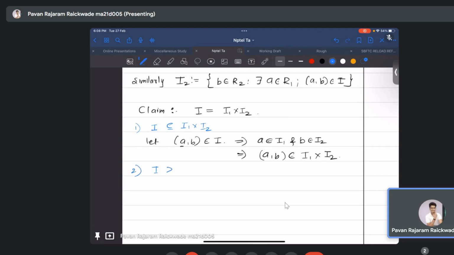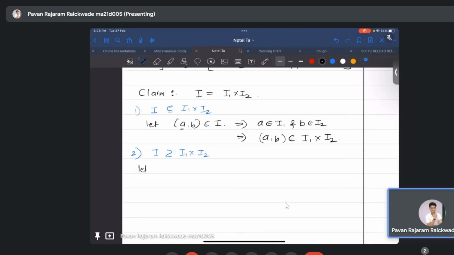Second side, I contains I1 cross I2. Now let two elements A belong to I1 and B belong to I2.